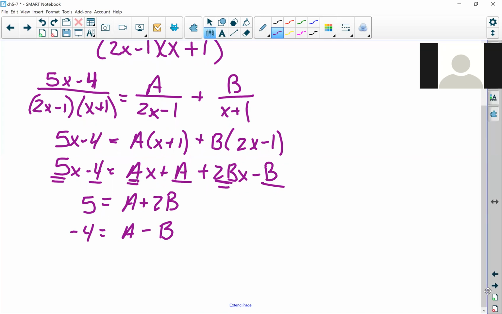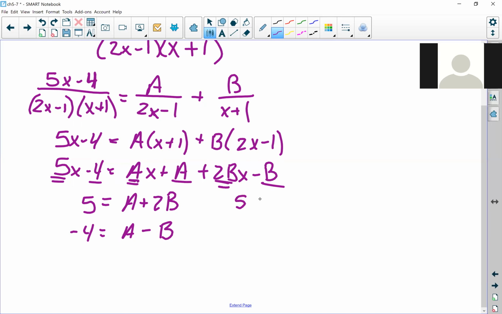Again, using substitution or elimination, I just like elimination for these because they're usually pretty straightforward. Might be a little more difficult if you have coefficients on both of the x terms.